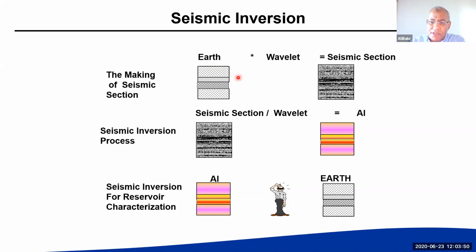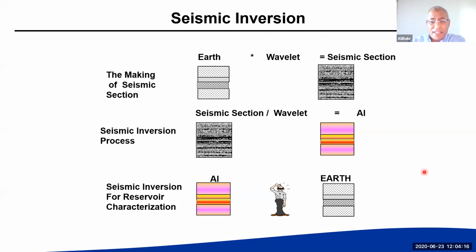No, it represents the difference in the acoustic impedance at the interface. While in the case of inversion, I have my seismic and I'd like to change it to geology. I'd like to make it look like the geology here. So what do I have to do? I have to change that seismic into acoustic impedance, and this is called seismic inversion.